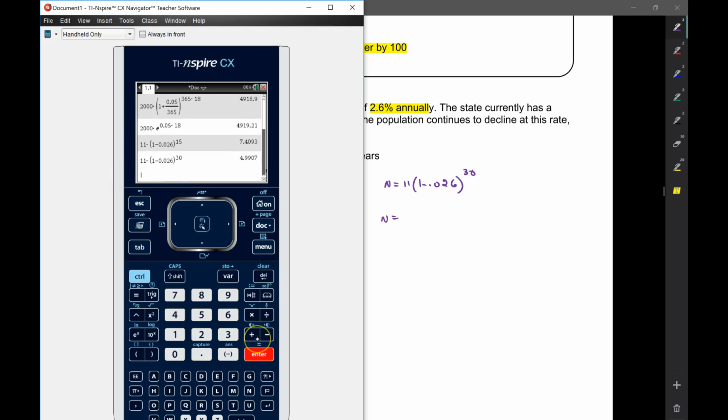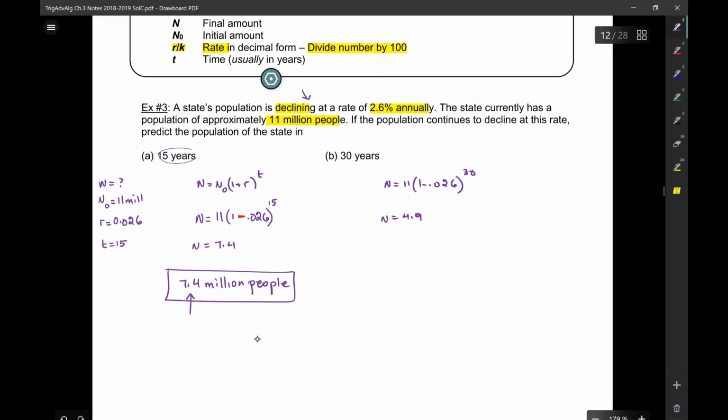You have a 4.9907. So we got 4.99, so it's approximately 5 million. I do the approximate sign just because it's an approximation.